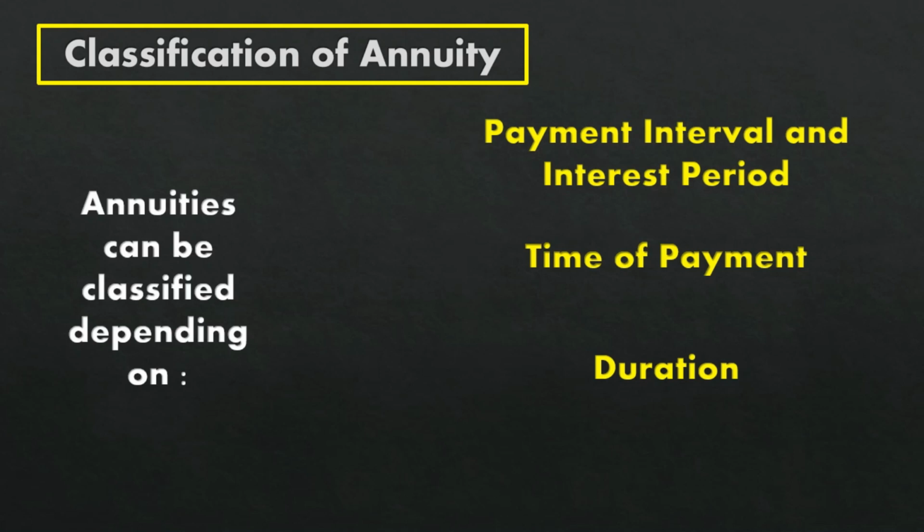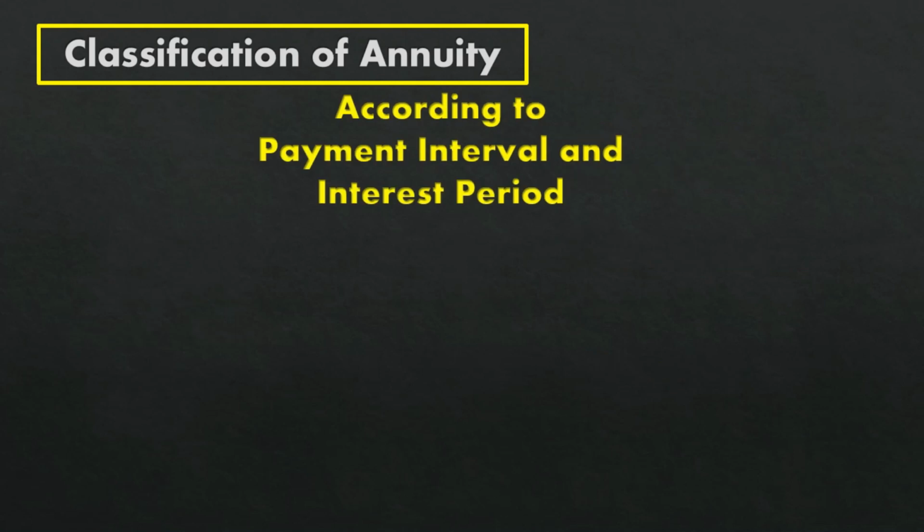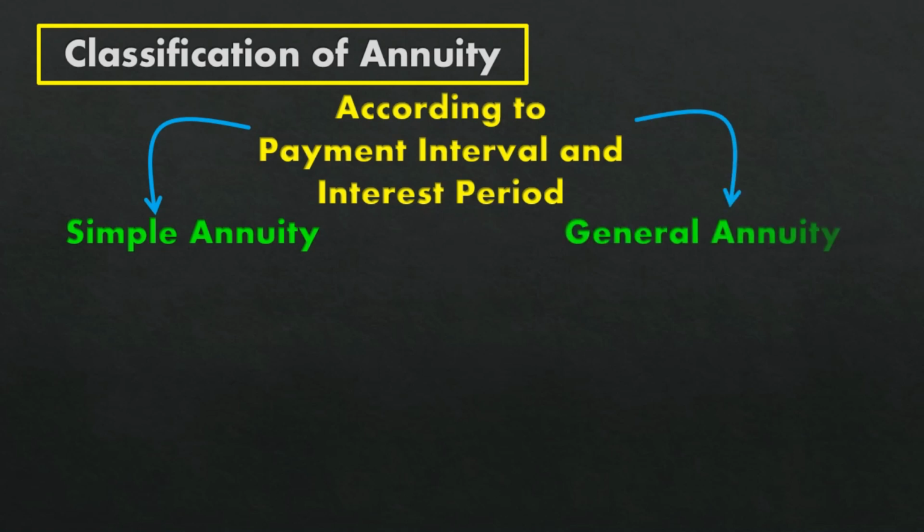Pangalawa, yung time of payment. Pangatlo ay yung gaano katagal yung iyong payment. So, punta tayo dun sa una, according to payment interval and interest period. Meron ditong dalawa, which is the simple annuity and general annuity.